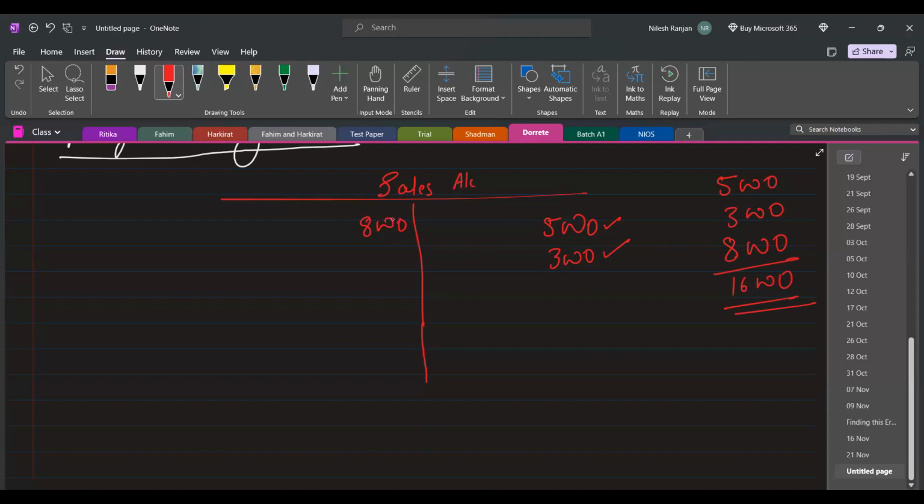Now, if you calculate the balance, what will you get? 8,000 on the credit side and 8,000 on the debit side. So there is no balance here. But what if we have written these things correctly?